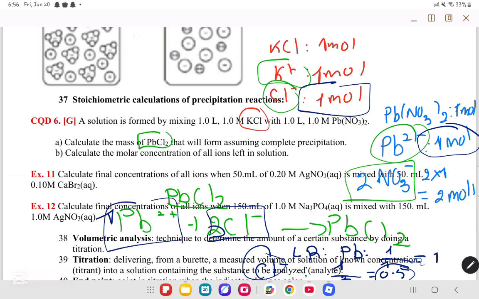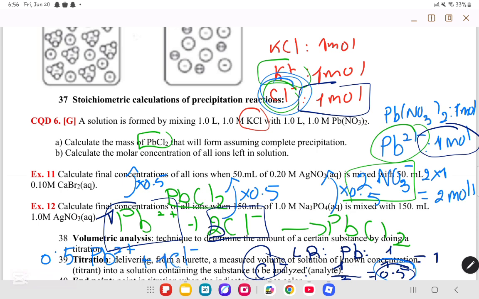So based on the ratio, we will solve the whole equation. Because we used 1 mole of Cl, everything will be based on that. So you're going to multiply by 0.5 here, here, and over here. So it's 0.5 moles of Pb2 plus, plus 1 mole of Cl minus, because we're using 1 mole, is going to give us 0.5, my bad, let me erase this.